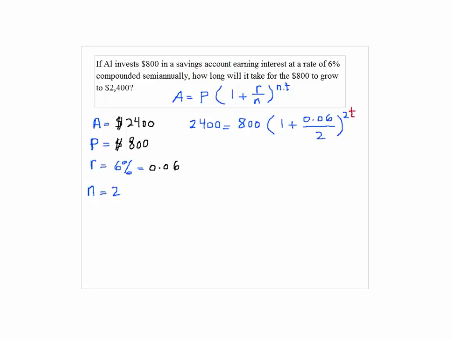Okay, let me see a check mark next to your name if you all can follow up to this point. Just identify each term and substitute the numbers. Great. Well, we can divide both sides of the equation by 800. Let's do that.